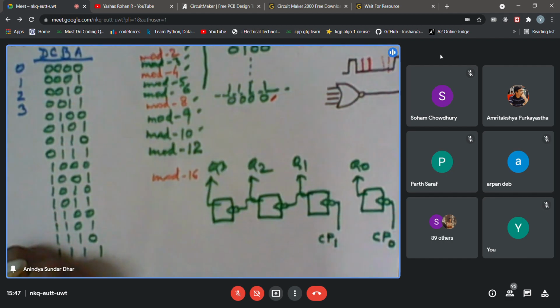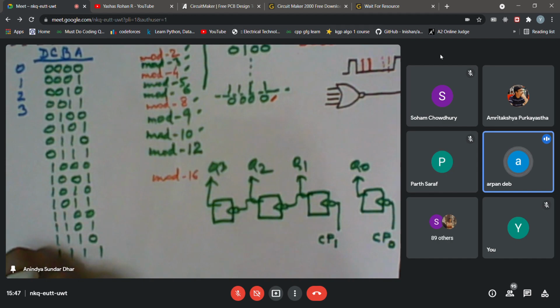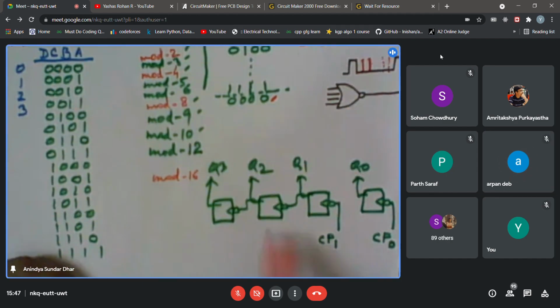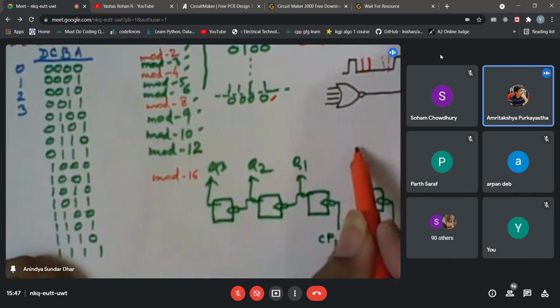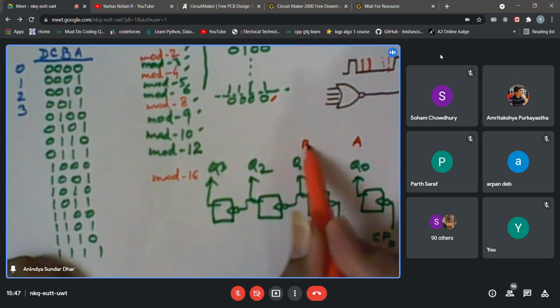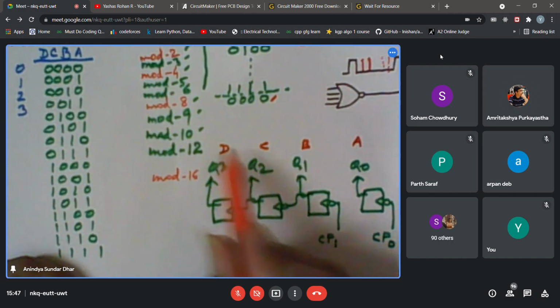And the reset mechanism: can you tell me from which 2 outputs I am supposed to take the reset connection? B and D. As per the nomenclature, there is no CP3. So do you think I should connect it from here or somewhere else? For the sake of understanding, I'm putting ABCD over here.